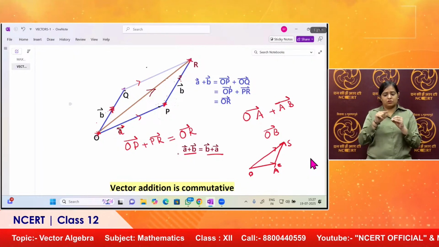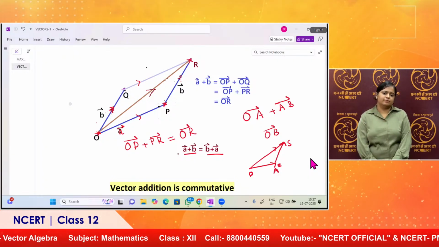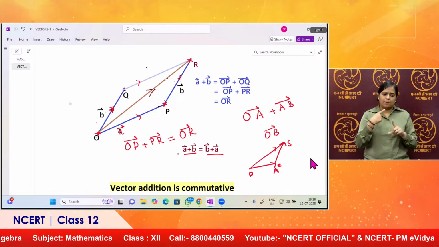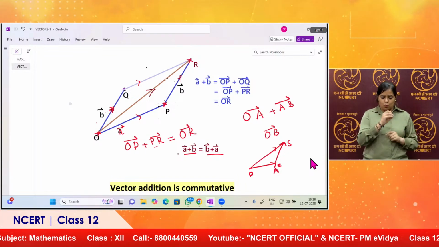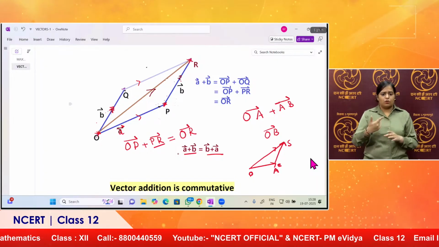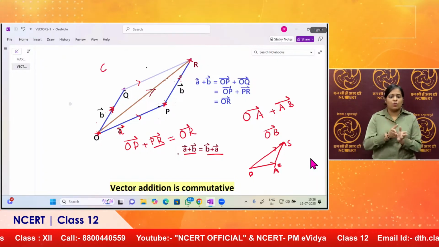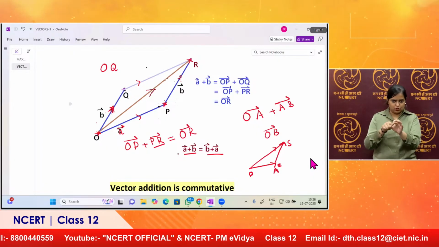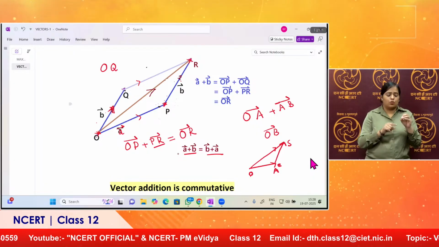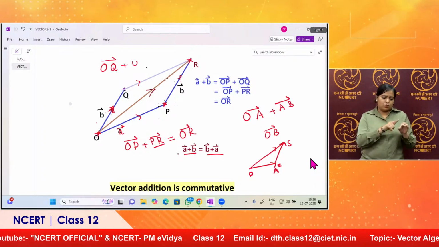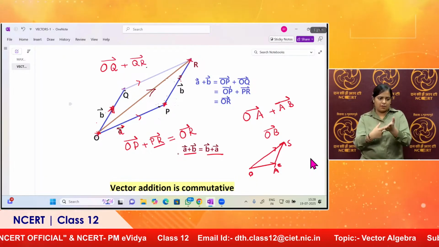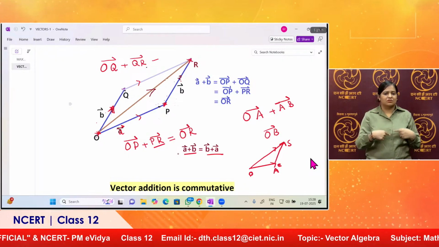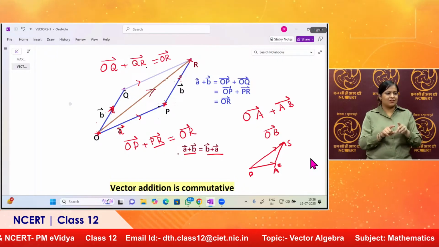We took this as A plus B, that is from O to P and then P to R. Can't we take the other way? That is, we start from O, reach point Q, moving on this path O to Q, and then from Q you move further to R. So the resultant is still OR.